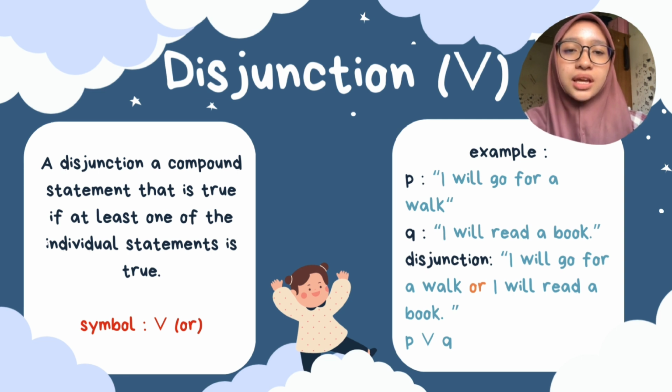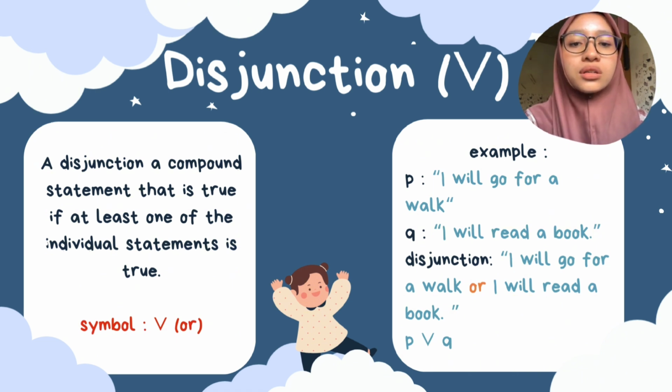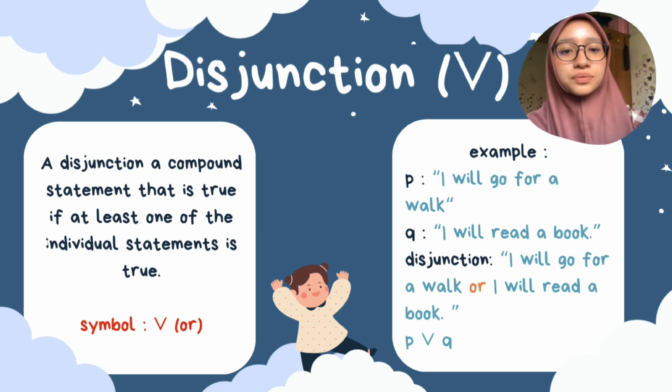For example, if you end up going for a walk but don't read a book, the disjunction is still true. Similarly, if you read a book but don't go for a walk, the disjunction is also true. So the only time a disjunction is false is when both statements are false. So if you neither go for a walk nor read a book, then this disjunction will be false.